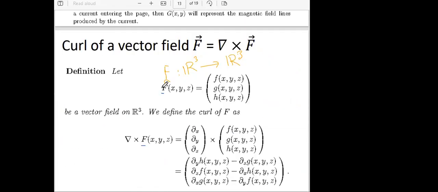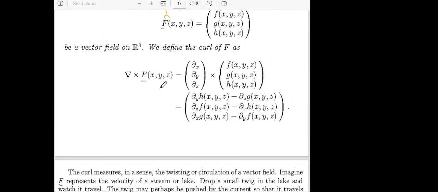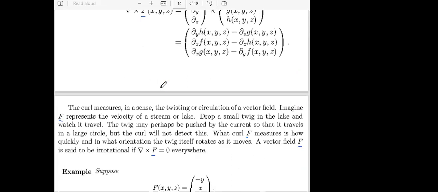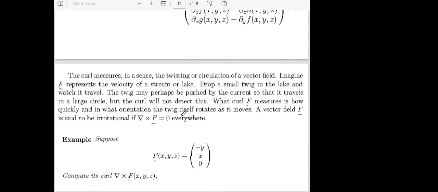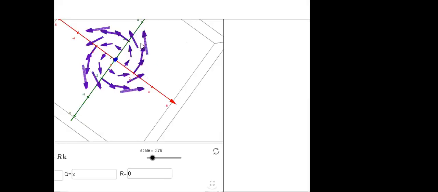Now we find the meaning of curl. So what is this? Curl of a vector field measures the twisting or circulation of a vector field. So let's see, this is your vector field here.